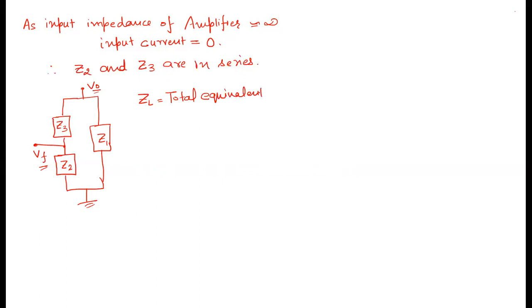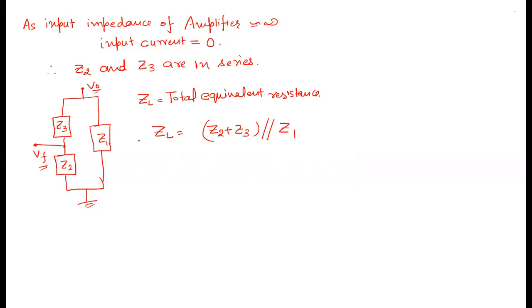equivalent resistance of this network, then we can say that ZL is equal to Z2 plus Z3, which is in parallel to Z1. Here we can see that Z3 and Z2 are in series and Z1 is in parallel to both of these.